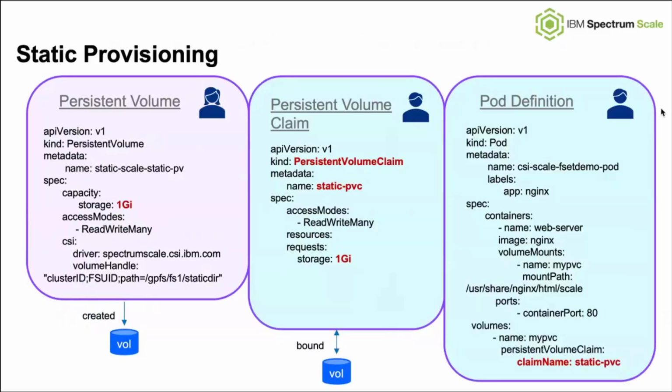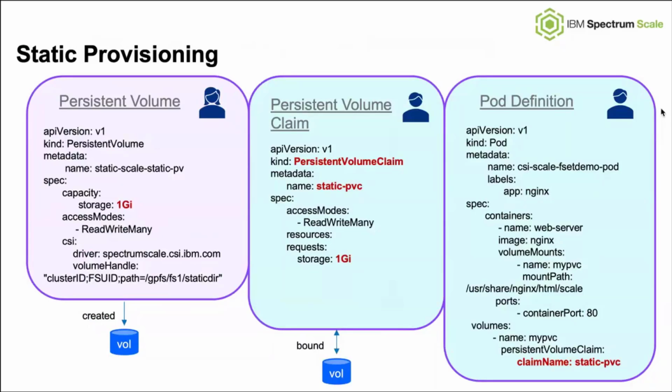So as we have seen, in static provisioning, the admin needs to create a persistent volume. A persistent volume is a resource in Kubernetes, and as with every other resource, it has a YAML definition. So in this YAML definition of the persistent volume, you would be able to see some details like what is the driver name for this persistent volume, what is the volume handle.